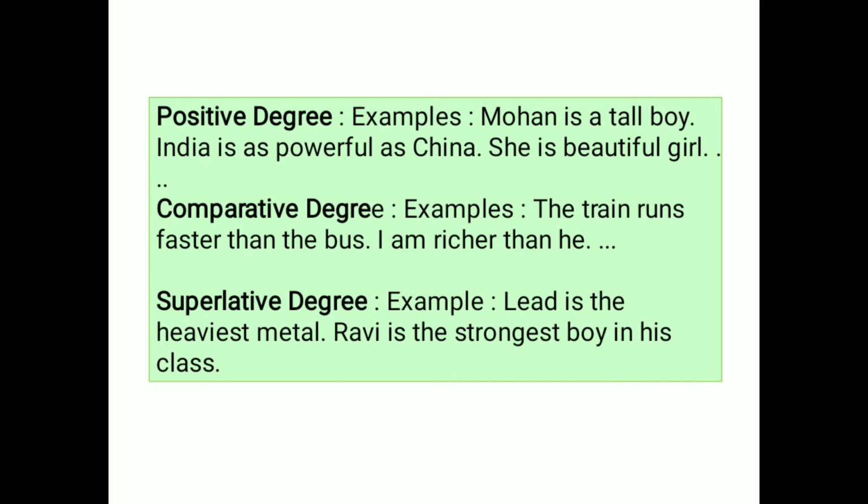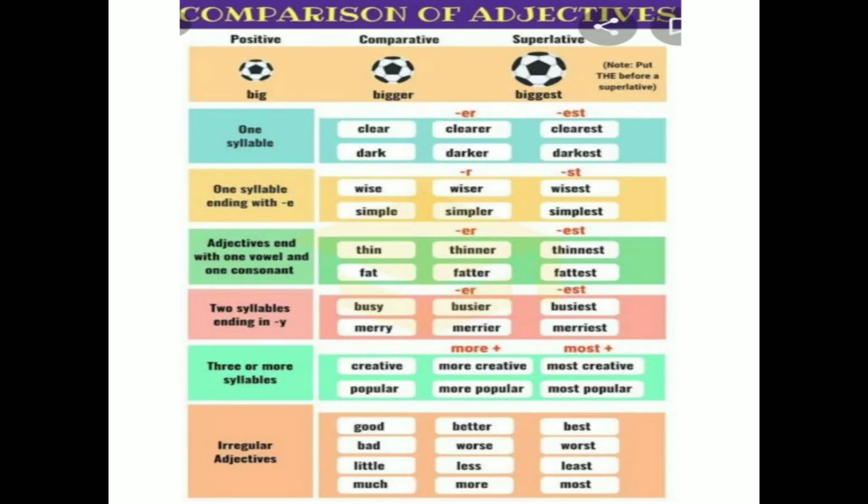She is the most beautiful girl in the class. So there is no other girl as beautiful as her. This is called superlative degree. And again, let us understand the word forms of this comparison. Firstly, let us understand the basic difference between positive, comparative and superlative.